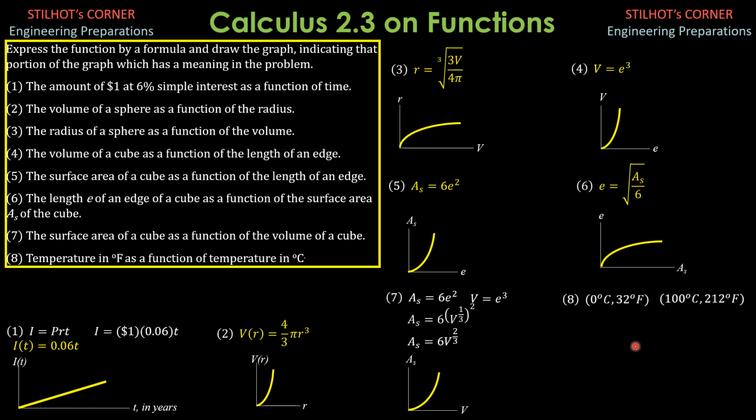Then the absolute zero is obtained when C is negative 273, and for degrees Fahrenheit, negative 459.6, but rounded off to negative 460. So you should know that.